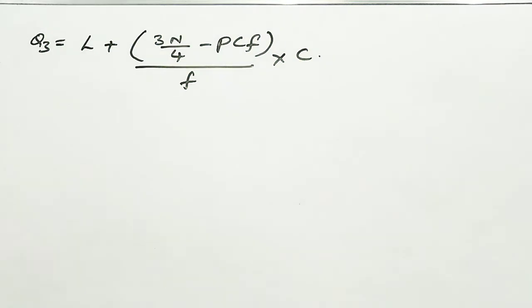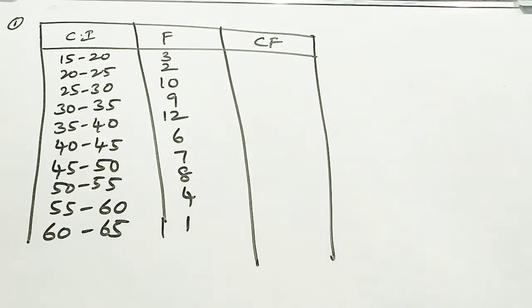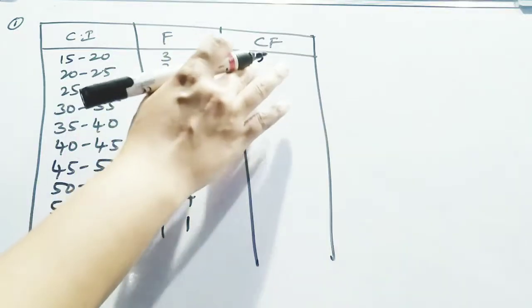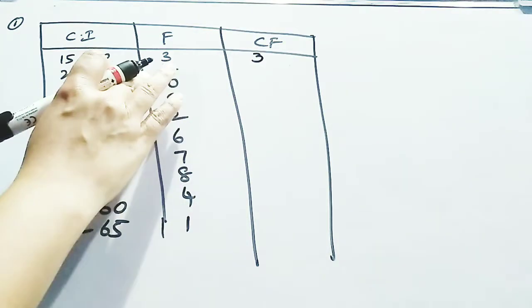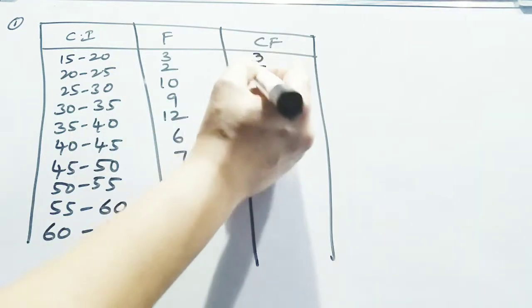Let's do a problem related to the continuous series. Let's find out the cumulative frequency. How will you find cumulative frequency? The first item will be the same, then you add the cumulative frequency with the next frequency. 3 plus 2, 5, 10 plus 5, 15.